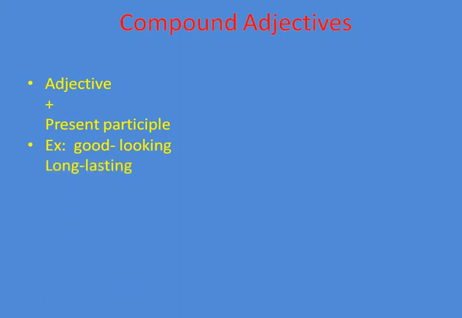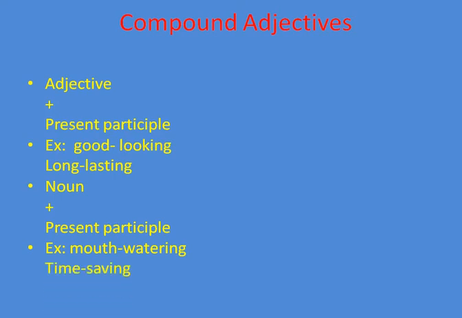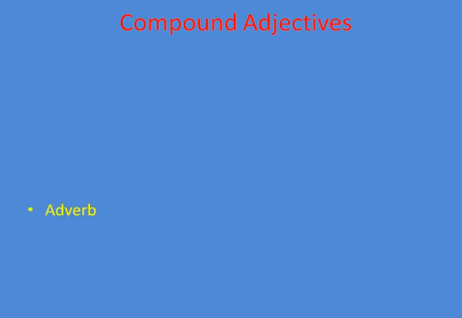Now I am giving you one more example: long lasting. Now we can use a present participle along with a noun in combination to give the following compound adjectives, like mouth watering. Mouth is the noun, watering is the present participle. Mouth watering. Time saving.